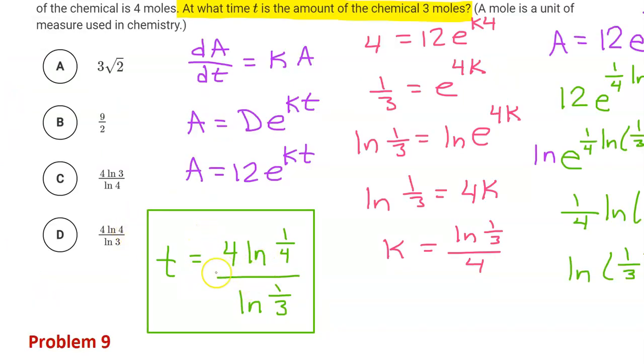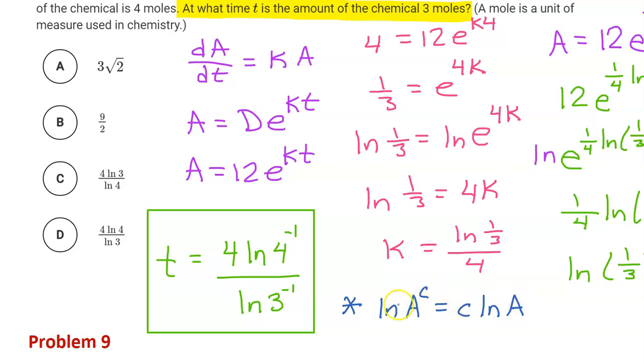Well, I need to adjust this a little to make it match one of the options. So 1/4 is the same thing as 4 to the negative 1 power, and 1/3 is the same as 3 to the negative 1 power. We can simplify further using the following property of logarithms. The natural log of a to the c power is equal to c times the natural log of a.